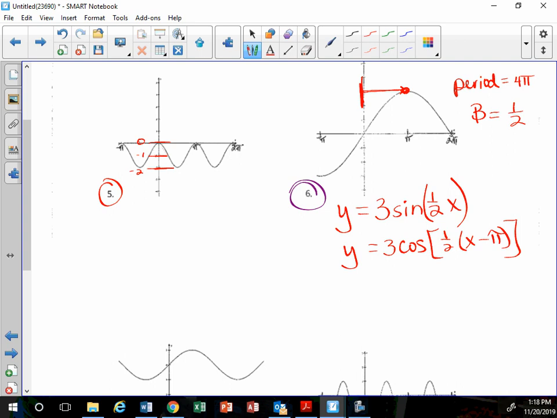Wait, I could go. I go from the y-axis. Alright.